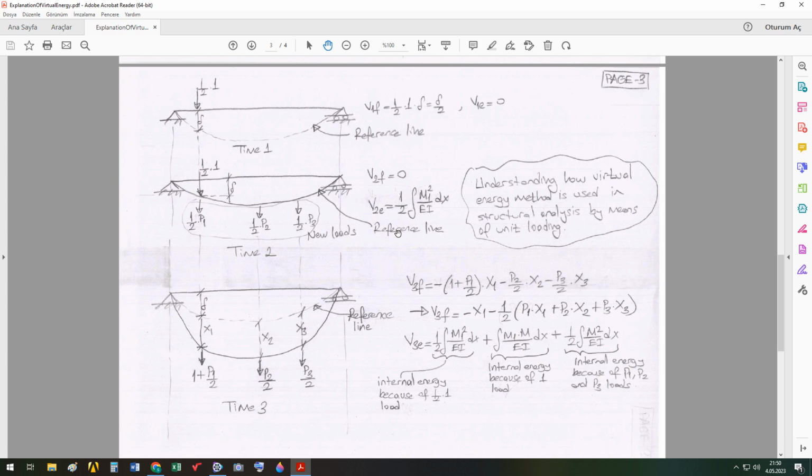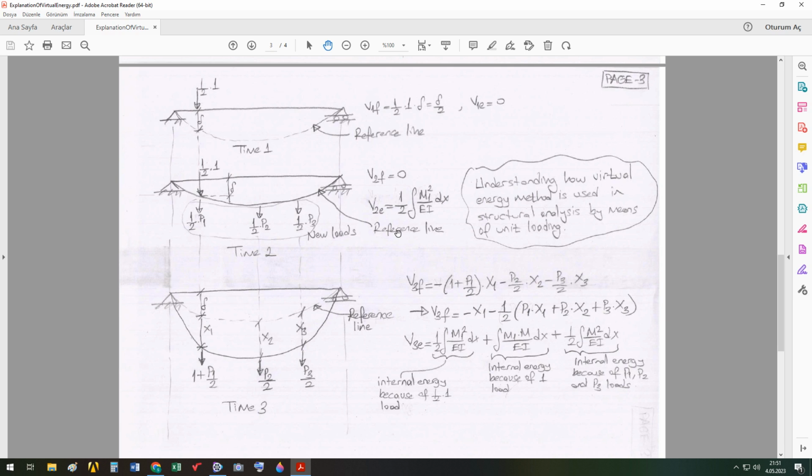It's not an arbitrary loading. The theoretician understood I have to use some specific loading to calculate the displacement under the loading or anywhere on the structure because of the loading.